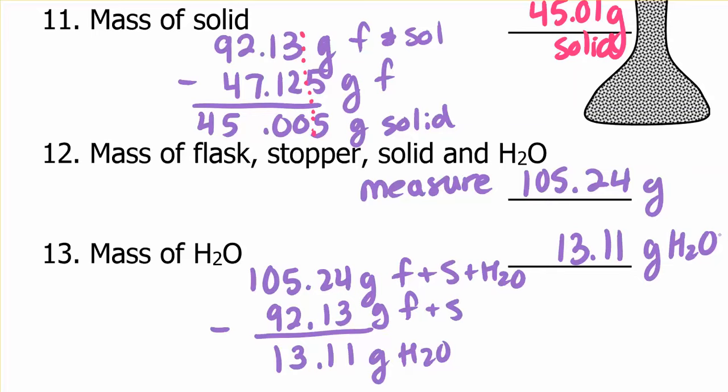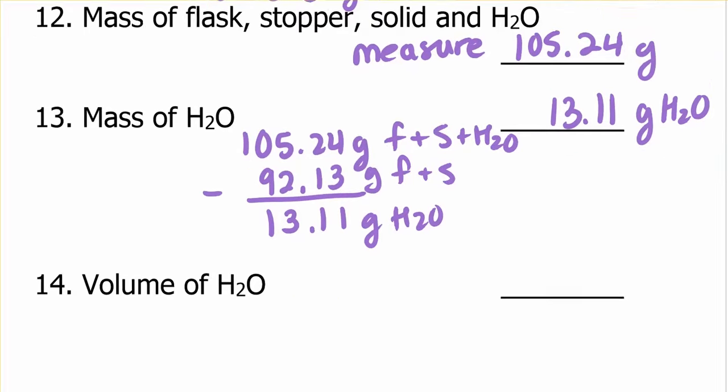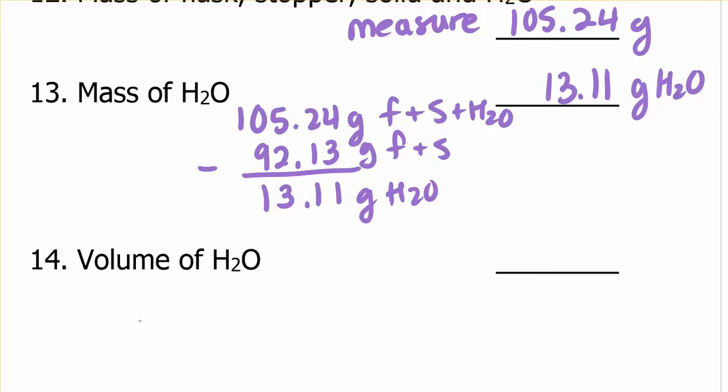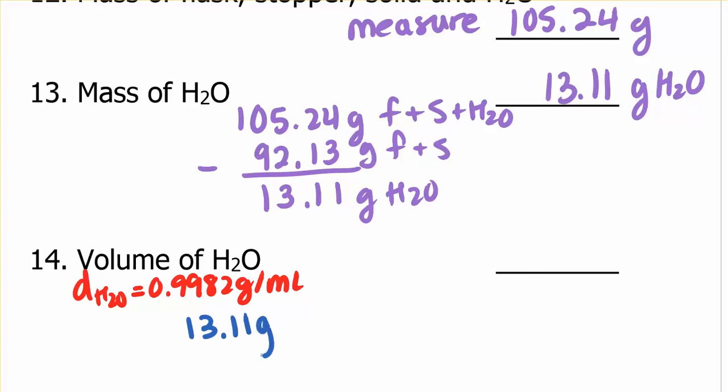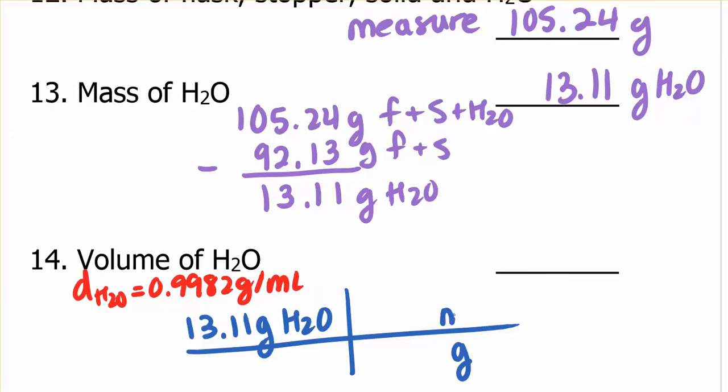And then I'm going to go from that to the volume of the water. So I know the mass of the water. I'm going to use the density of water again, and that is given. So to solve my problem, I want grams down here, milliliters up here.